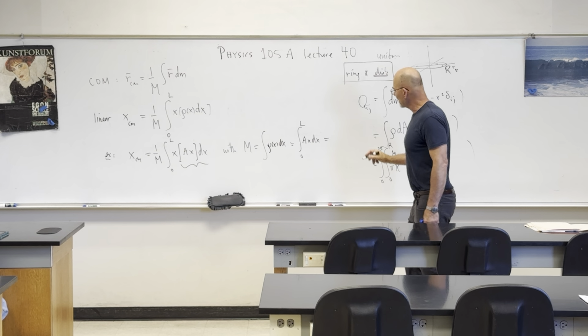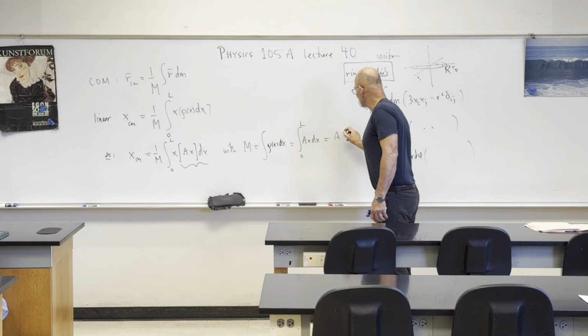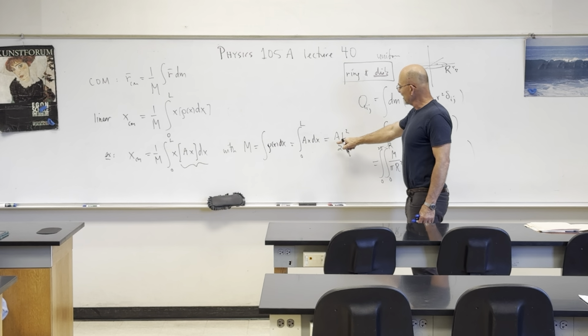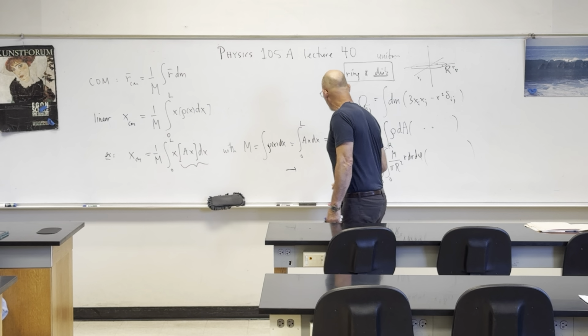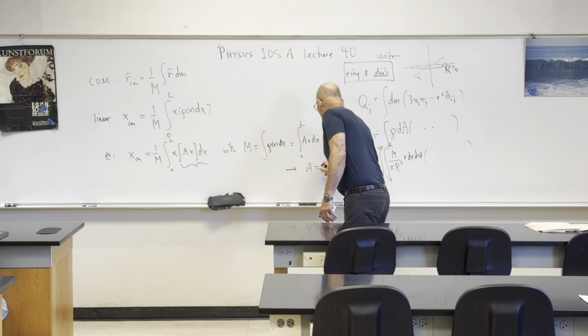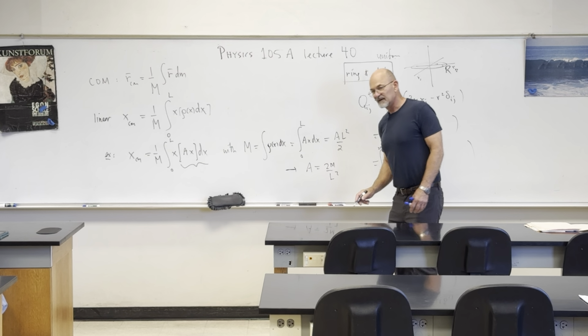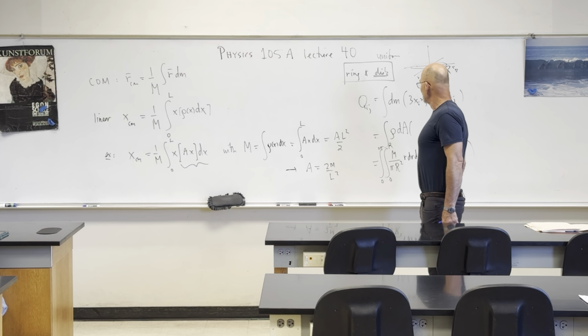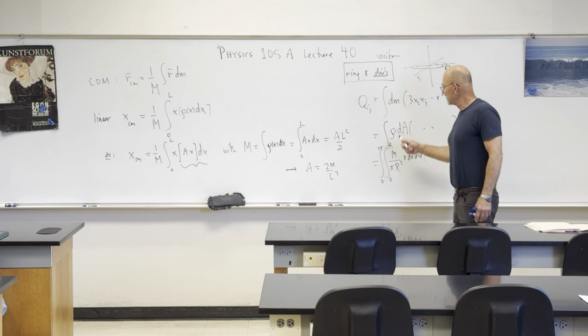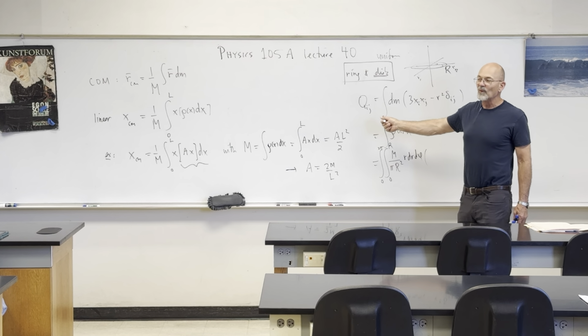And of course, that's integrated up to a L squared over 2. Since m equals a L squared over 2, we had A was 2m over L squared. And then, we can plug that in and continue the problem. So that's the idea I have for this type of problem as well.